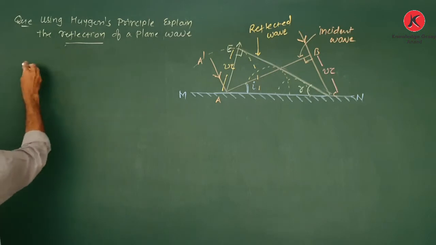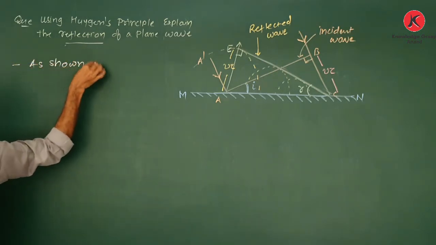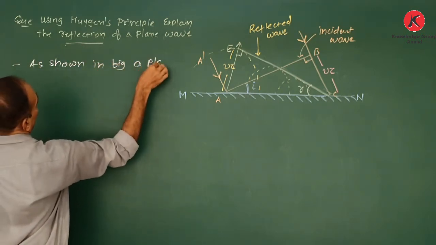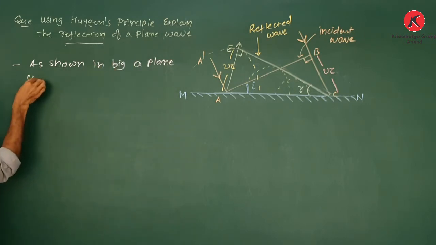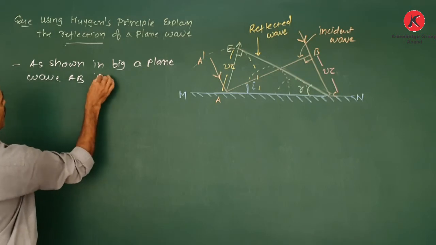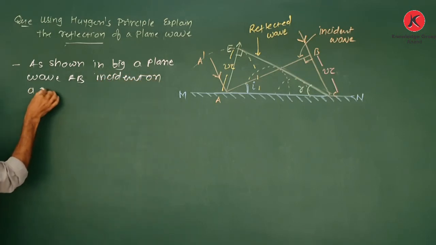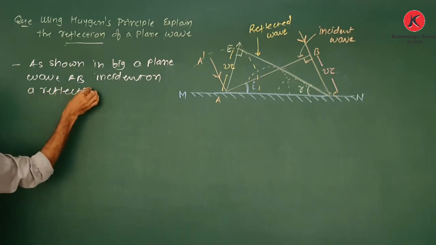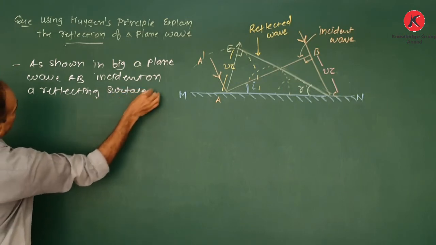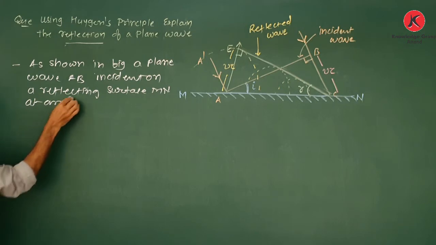So as shown in the figure, a plane wave AB is incident on a reflecting surface MN at angle i.